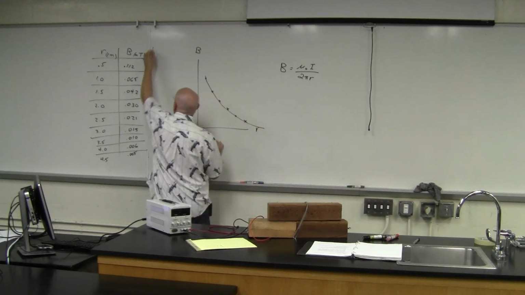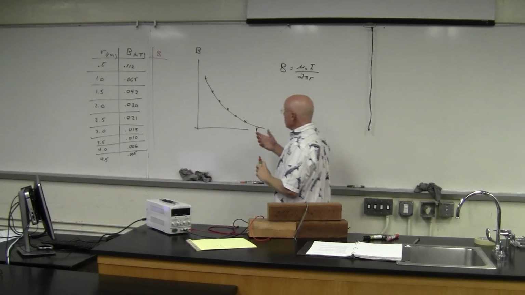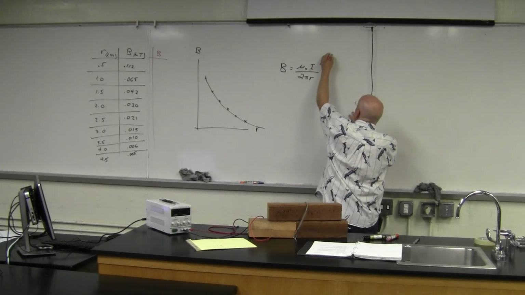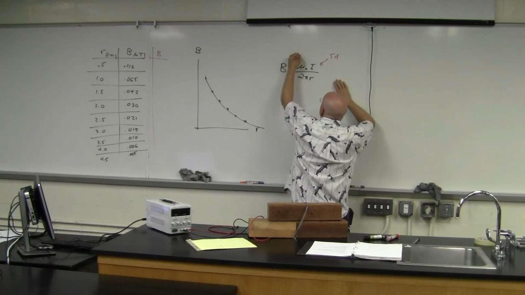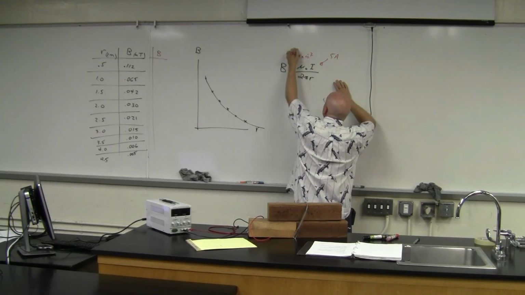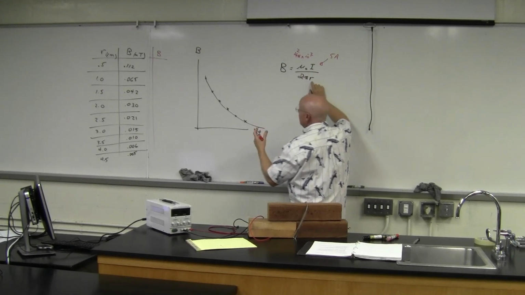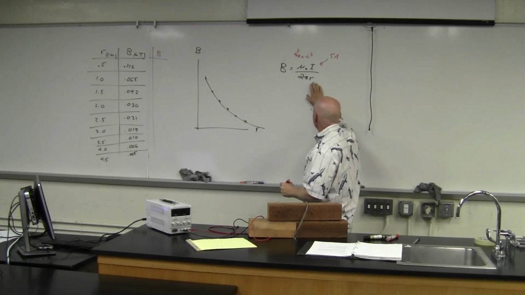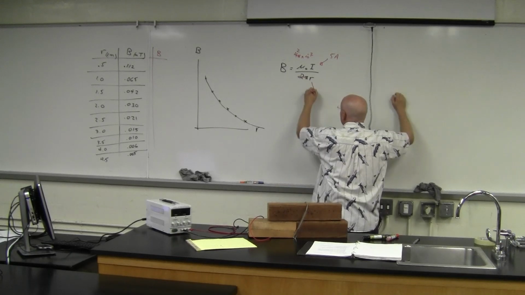Make another column, and this one I would say make a calculated column, because we could actually then just put in this one formula here. The current is set at 5 amps, and so put that in. In fact, you could save yourself a little bit of typing space by remembering that this 2 pi would cancel, and you can just put in 2 times 10 to the minus 7, then multiplied by 5, then divided by R. Now be careful, R is in centimeters there, so make sure then that you actually put something like this.